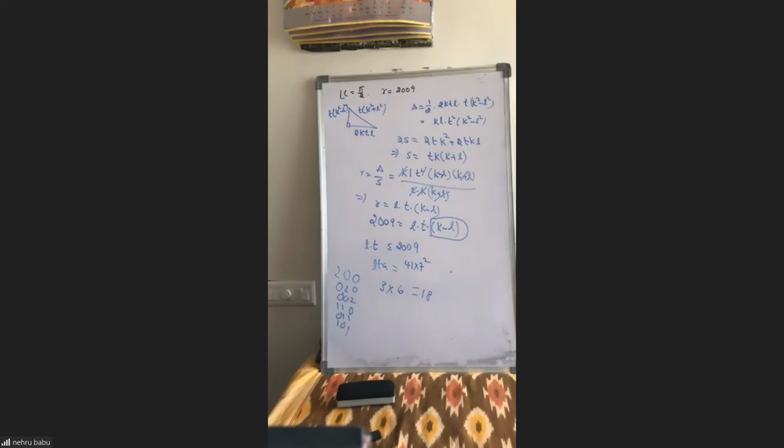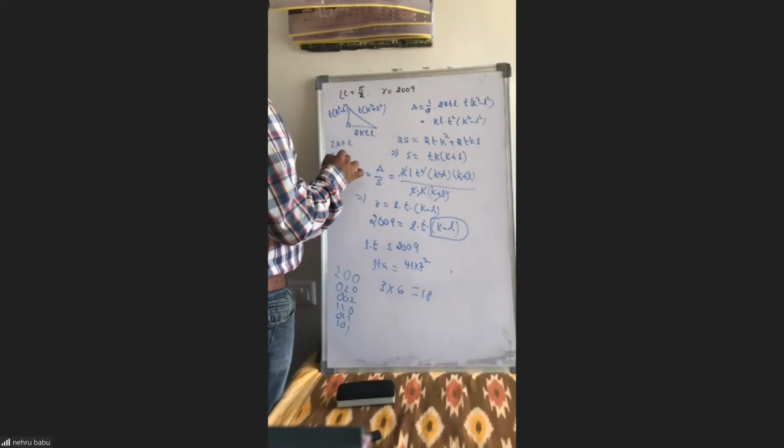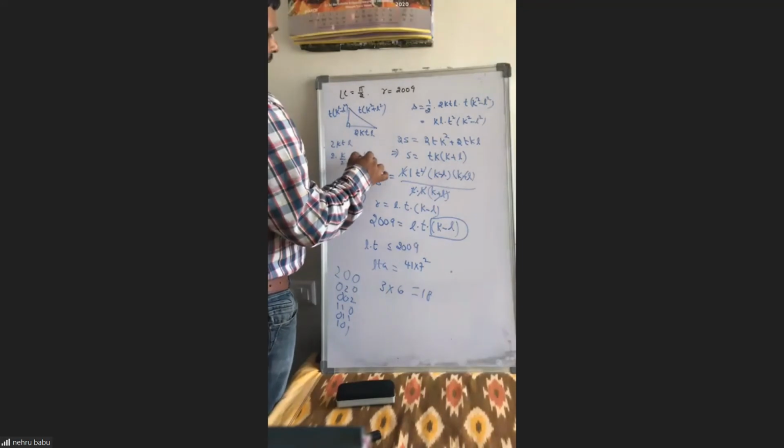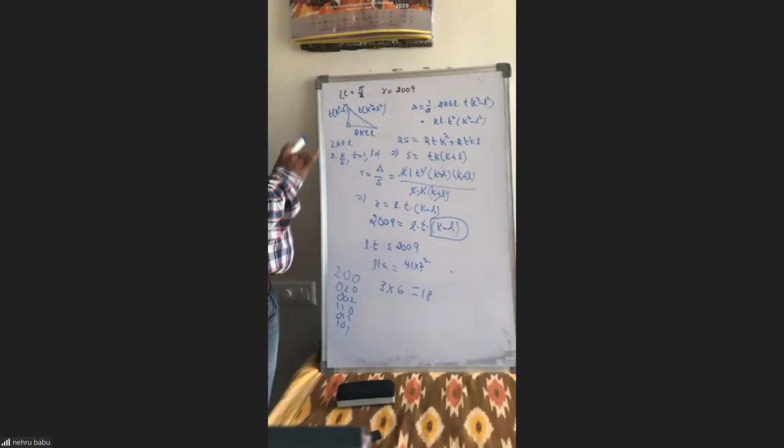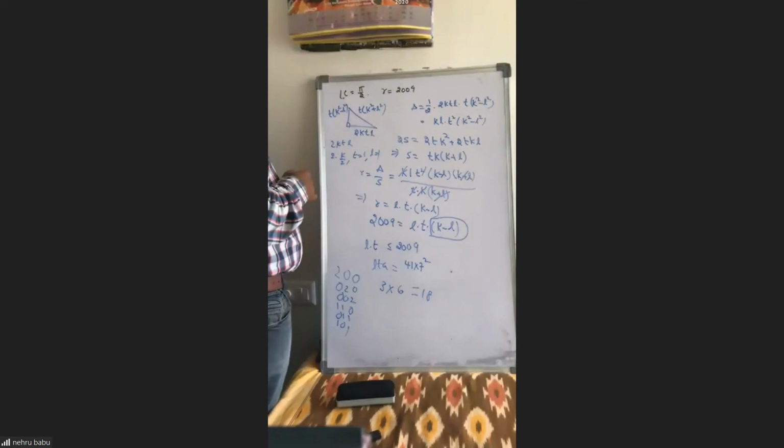Why are we getting more solutions? The reason is 2KTL being an integer means, for example, K equal to 1 by 2, T equal to 1, L equal to 1.